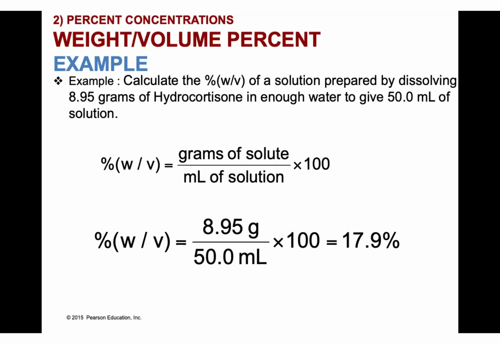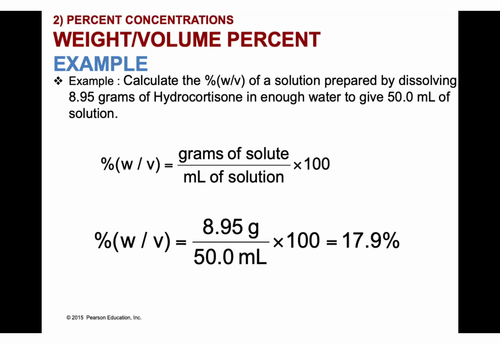So here I have the solute, 8.95 gram. How do I know this is my solute? Because it's the lesser amount, right? The lesser amount is always the solute. Divide by my solution, 50 milliliter of solution, and I'm going to put it here.